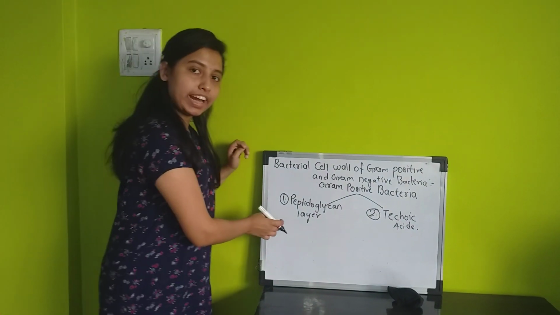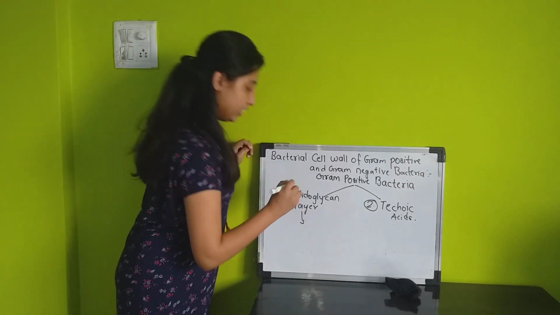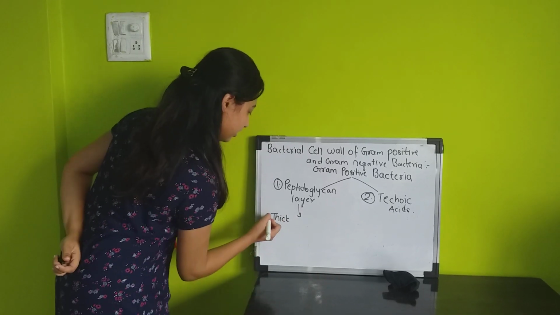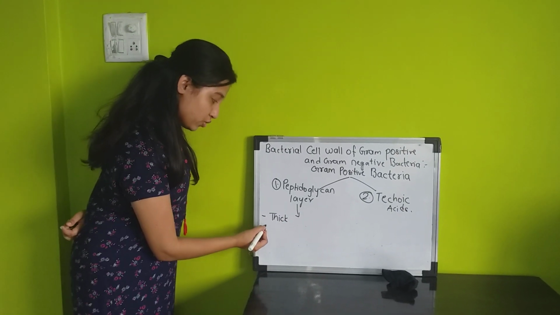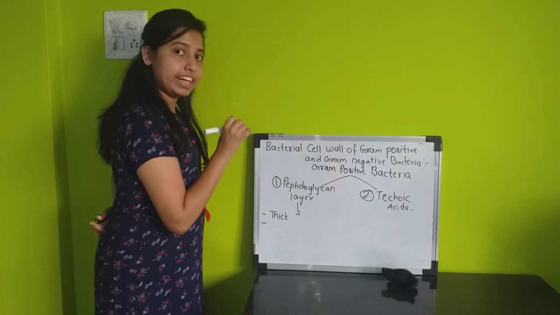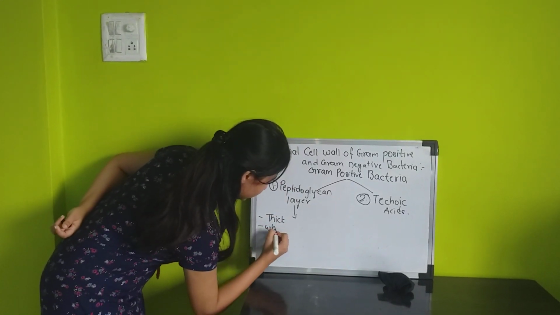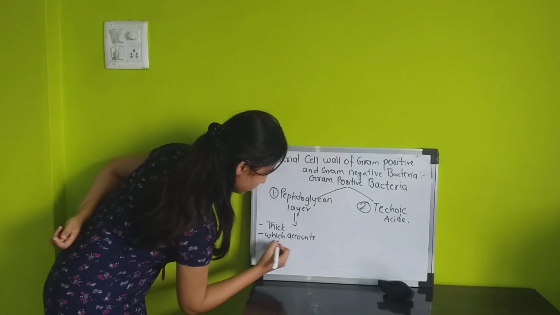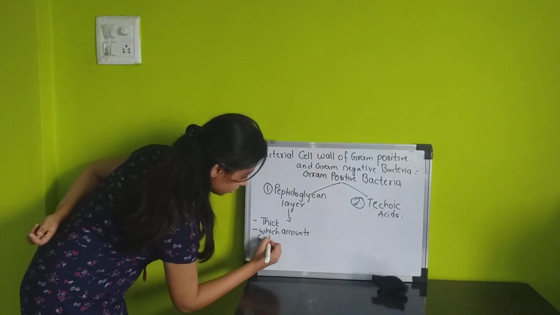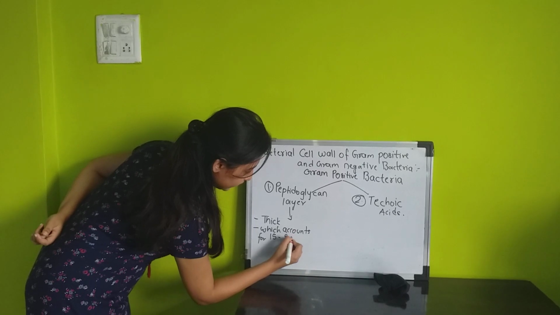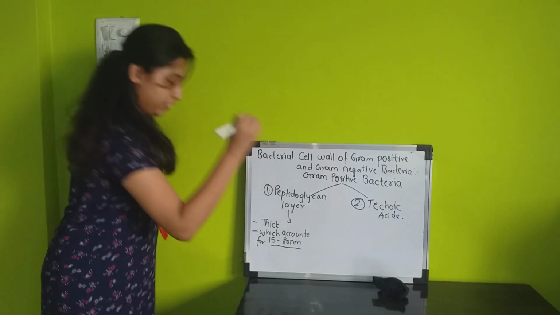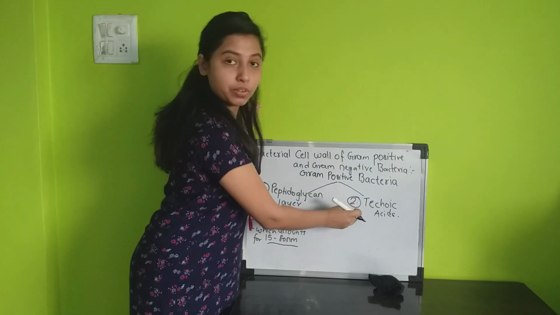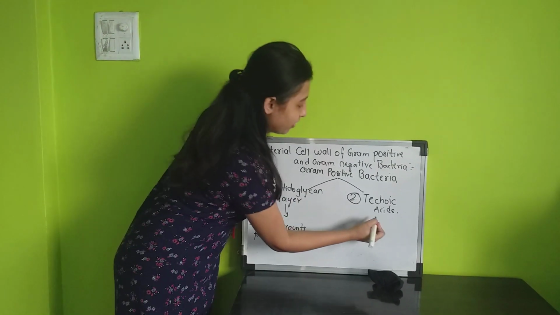Now the peptidoglycan layer is thick, which accounts for 15 to 80 nanometers. And second one is teichoic acids.